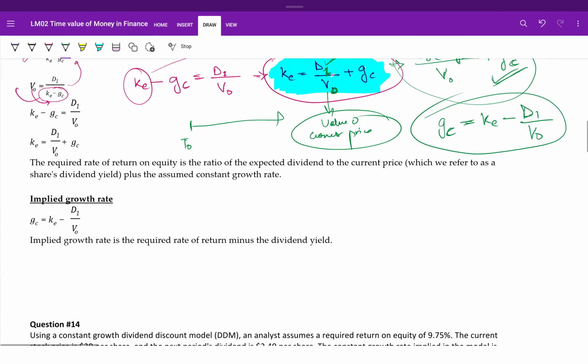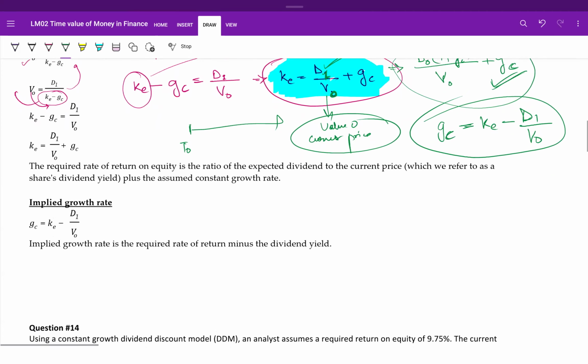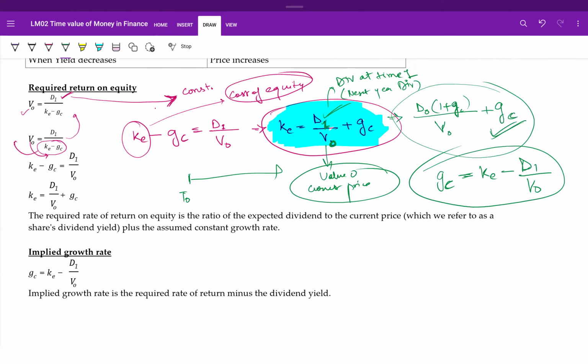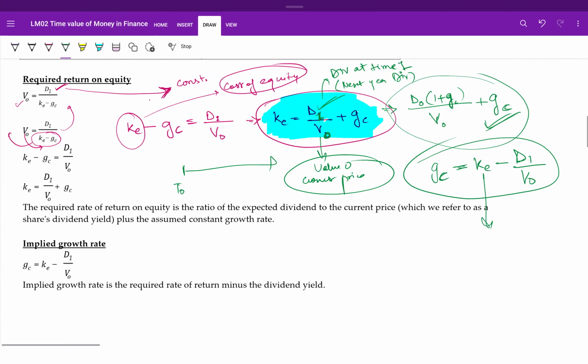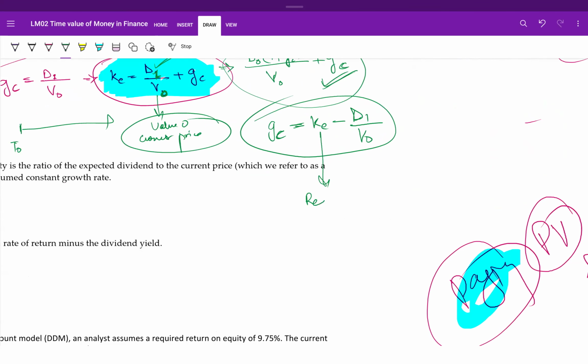And this is the implied growth rate: the required rate of return minus the dividend yield. This is the required rate, and this is the dividend yield.